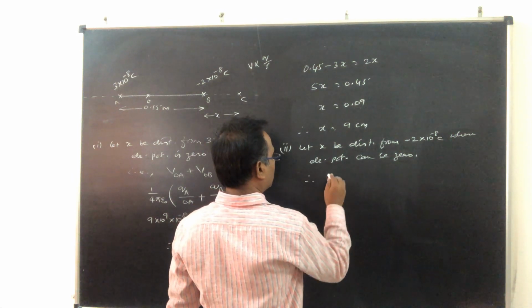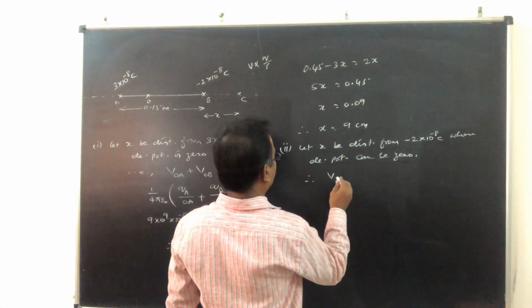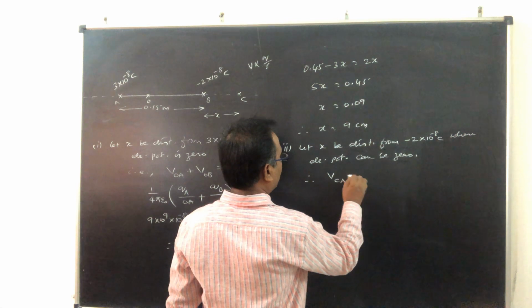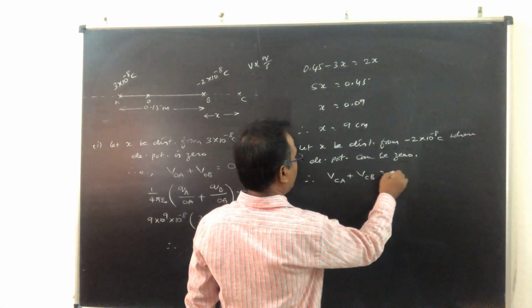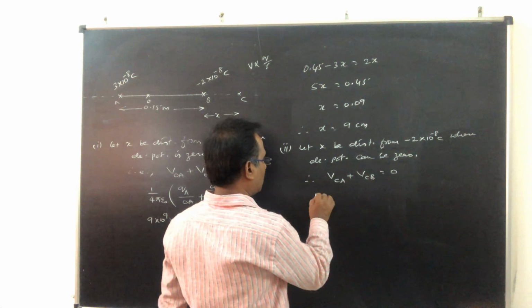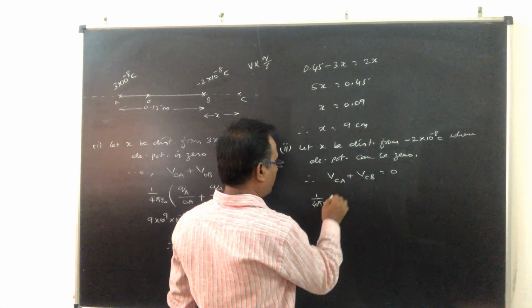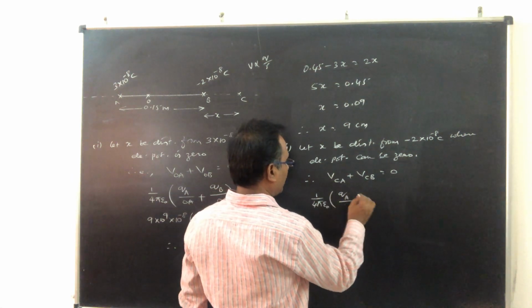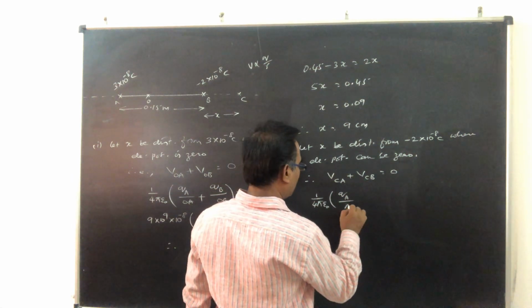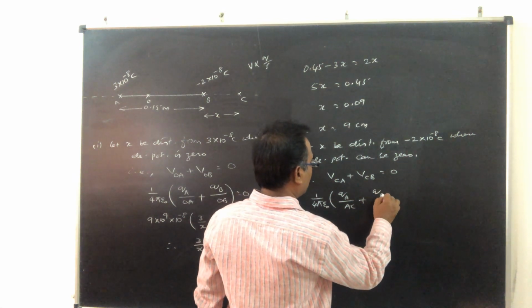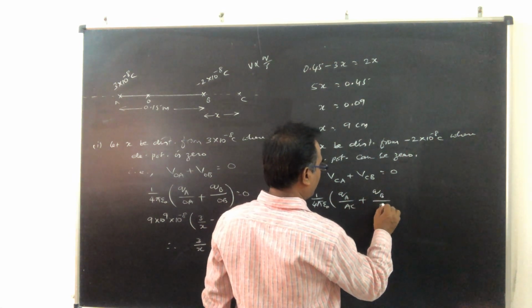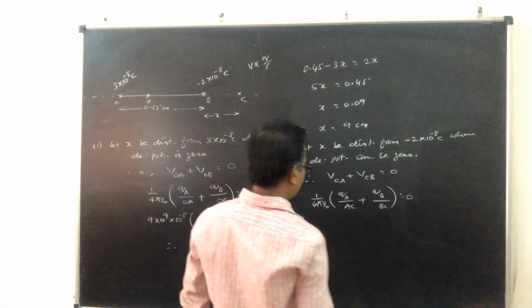So therefore VCA plus VCB should become equal to 0. That means 1 by 4 pi epsilon naught, QA divided by AC plus QB divided by BC, should be 0.